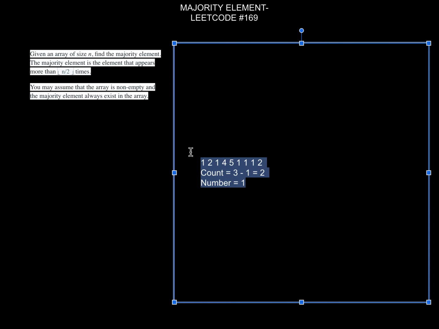So to code this up, let's call the function int majorityElement, taking a vector int nums. So we could name our count, count.